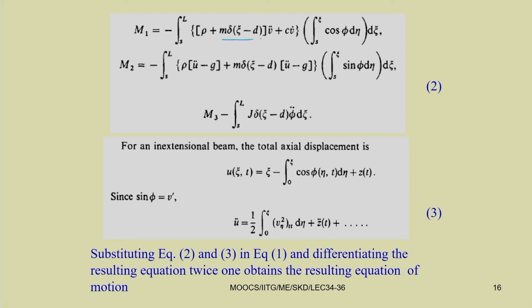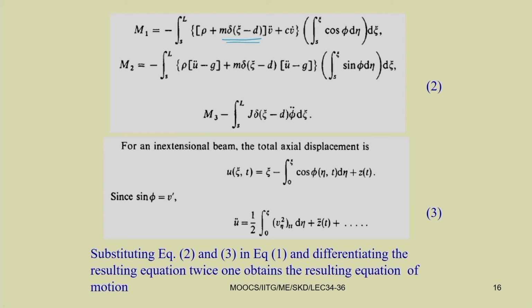Note that delta is the Dirac delta function. We are writing this Dirac delta function to show the arbitrary position of the attached mass. We can put it at any location, and this is a point mass, so we are considering this as a point mass, that is why the Dirac delta function is used.